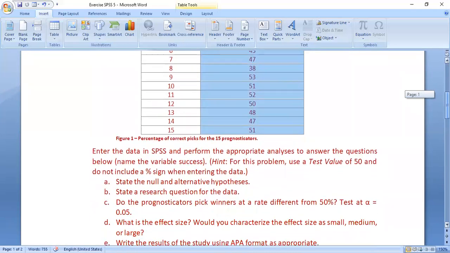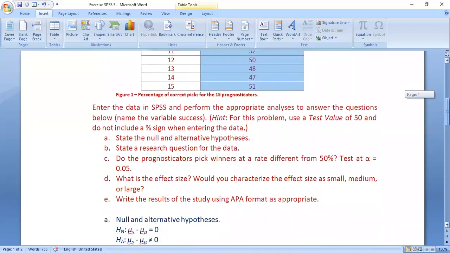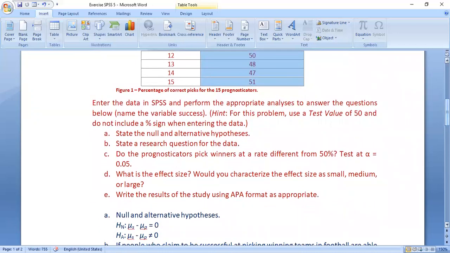Now coming to the first question, state the null and alternative hypothesis. Well, this is my null and alternative hypothesis. So the null hypothesis is that the sample mean subtracted from the population mean will be somewhere near 0. There's no difference between what the population mean says and what the sample mean says.